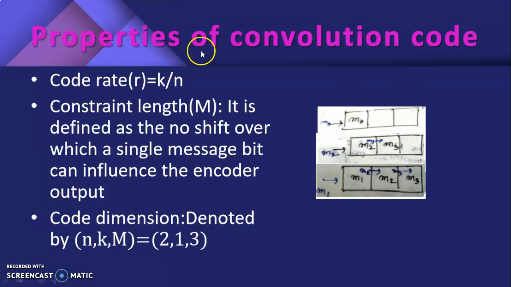That means these 2 bits, M2 and M3, are the previous bits of the information, which is also called memory, and the current bit is only M1. As the current bit is only 1, we denote K equals 1.